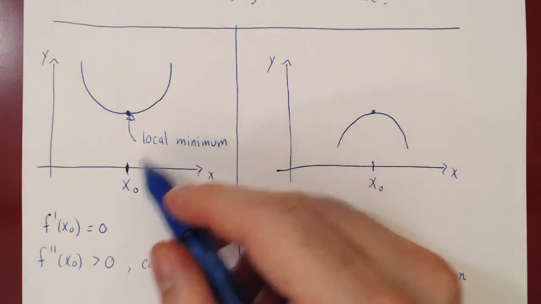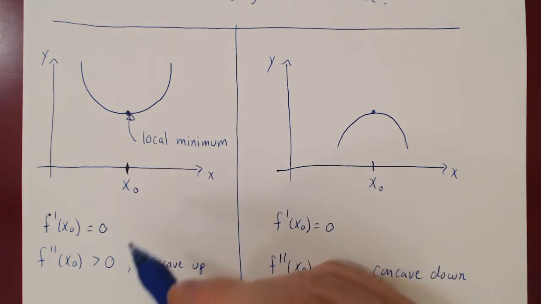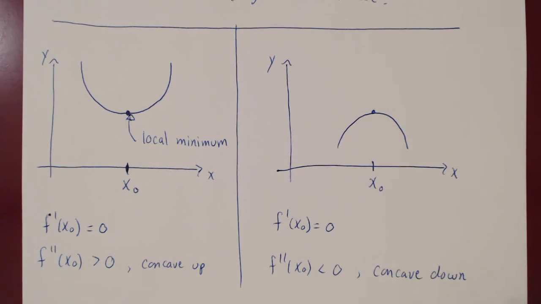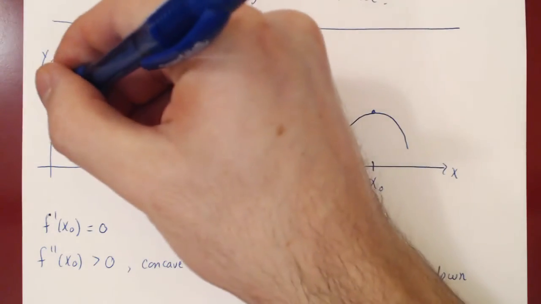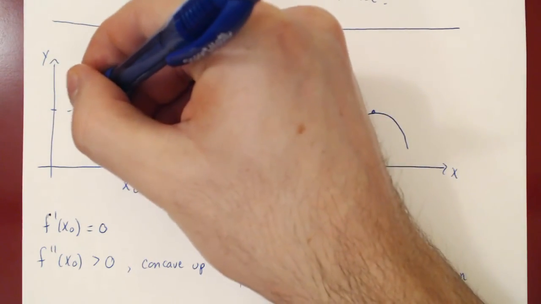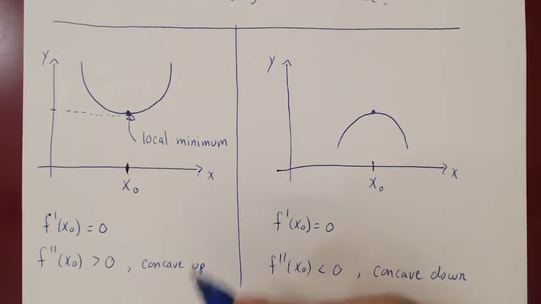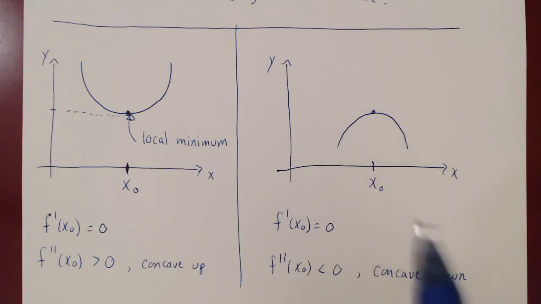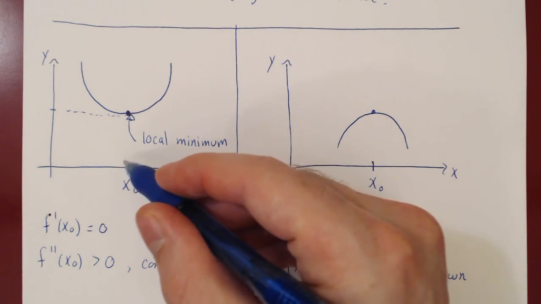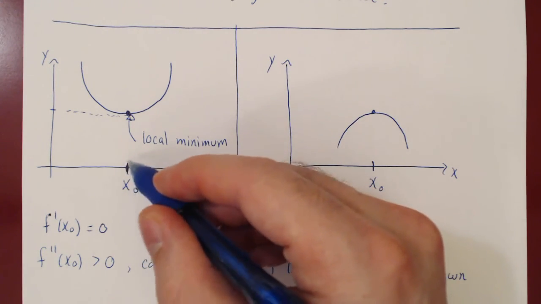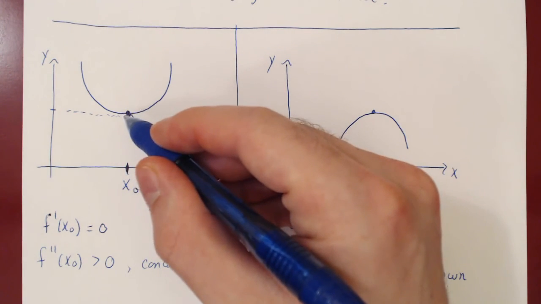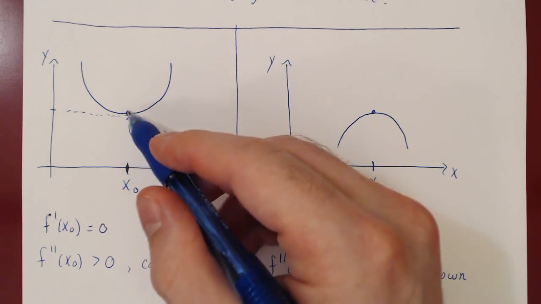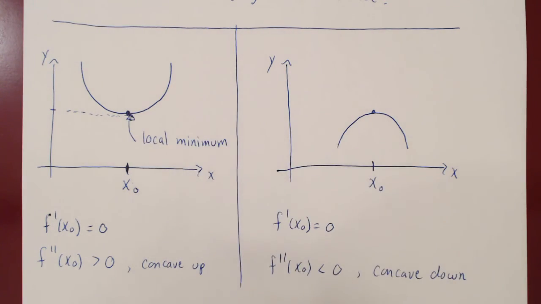Local because we are looking only around the point x0. Maybe the function can go like this and later will drop back down, so we may be getting even smaller values later down the road. But if you only look around x0, so locally, local means close to, so if you only look for values of x that are close to x0, you see that the function attains its smallest value at x0, and that's why we call this point a local minimum.